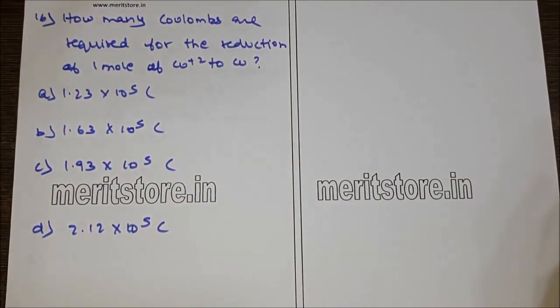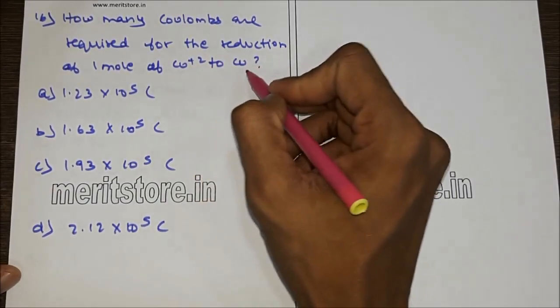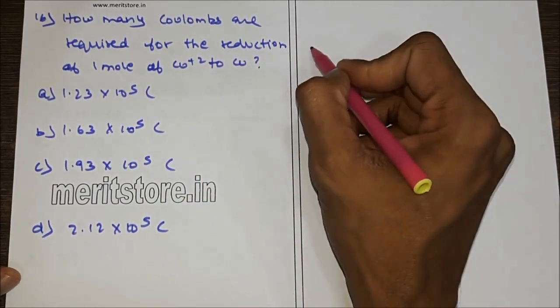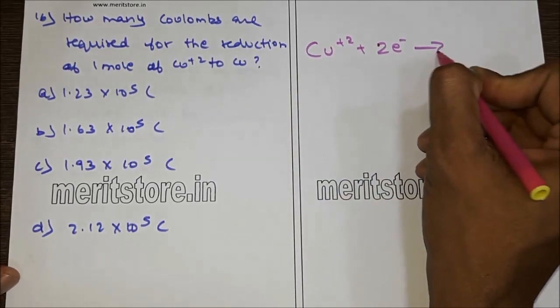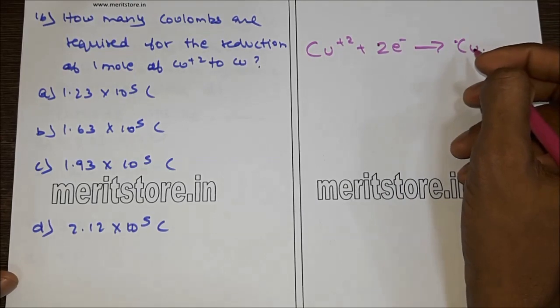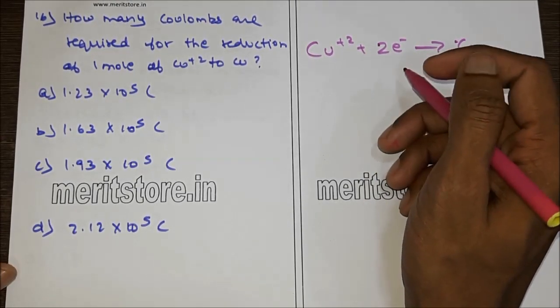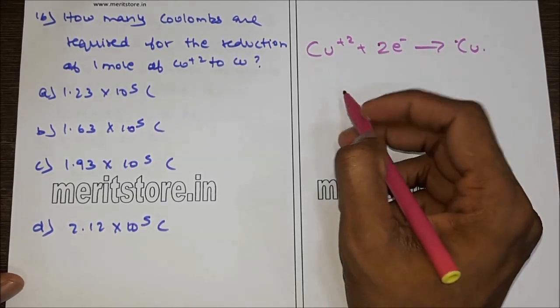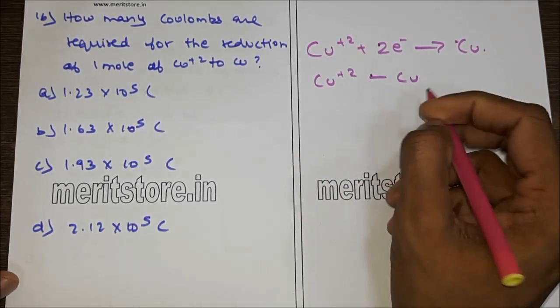Question 16. How many coulombs are required for the reduction of 1 mole of Cu2+ to copper? That is, we say Cu2+ plus 2e⁻ gives us Cu. So the charge of 2 moles of electrons is required to reduce 1 mole of Cu2+ to Cu.